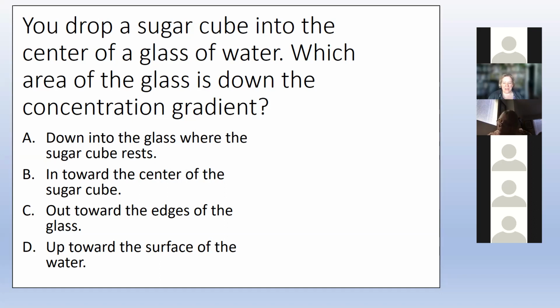See if we can get to 90%. We're at 80%. I need 4 more.